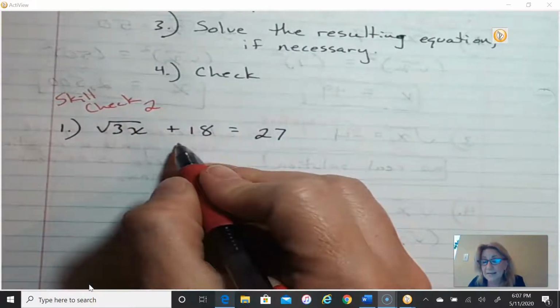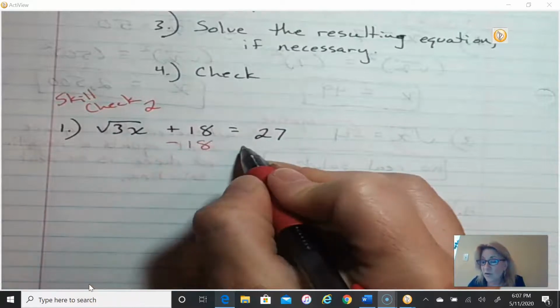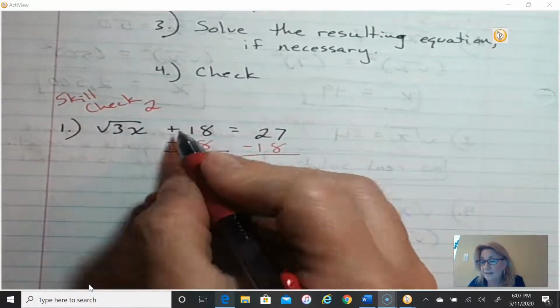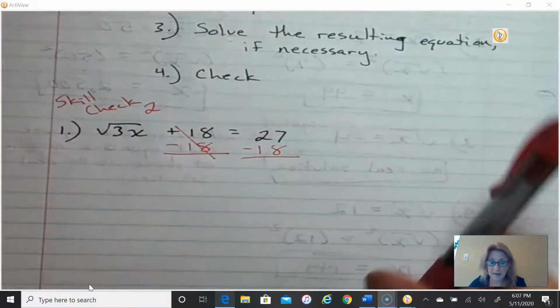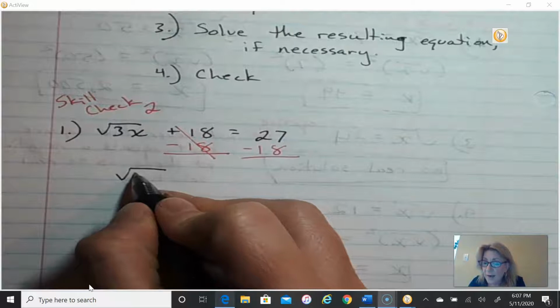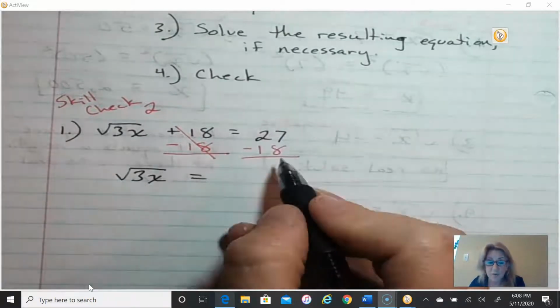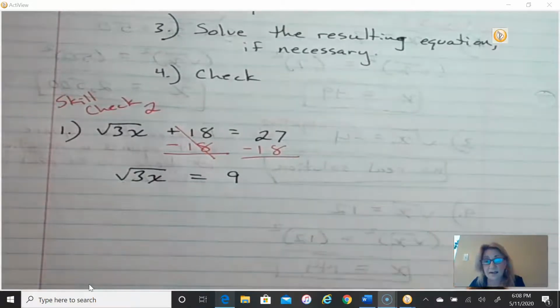If we're adding 18, we do the opposite, so we subtract 18. Those cancel out, and I'm left with the square root of 3x equals 27 minus 18, which is 9.